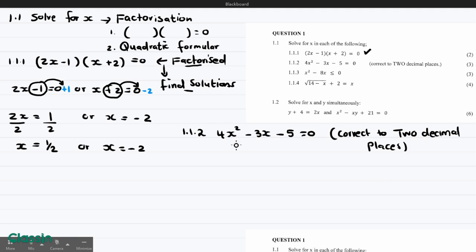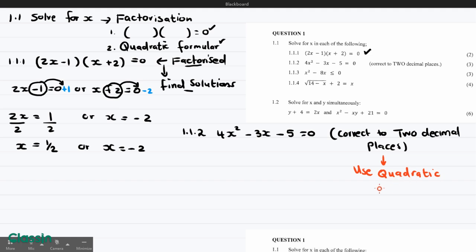Now, on questions 1.1 and 1.2, we factorize by either brackets or the quadratic formula. But when you see they have given you this statement, you know what this statement always wants: it wants you to use the quadratic formula.